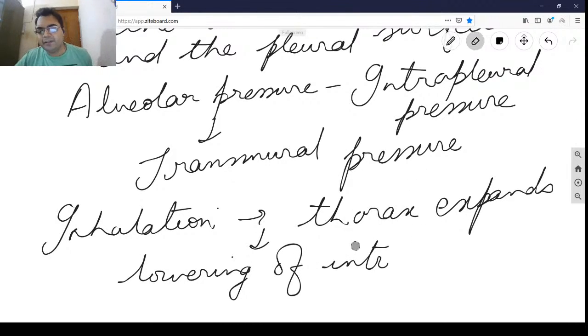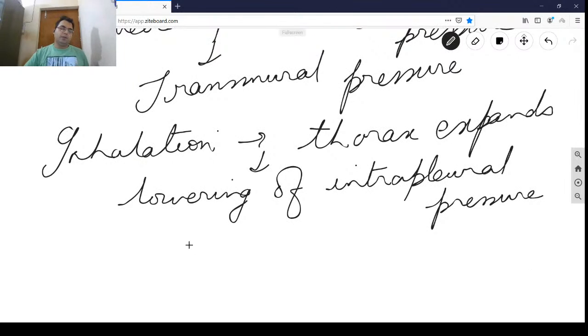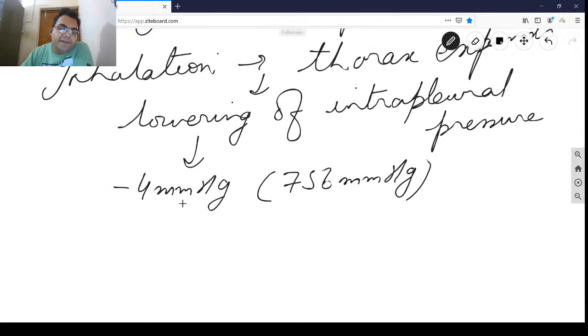Just concentrate on intrapleural pressure here, then it will be very, very easy. When intrapleural pressure is lowered, what do I mean? It was already minus 4 mmHg, meaning 756 mmHg, since atmospheric is 760. It will get even lowered, right?